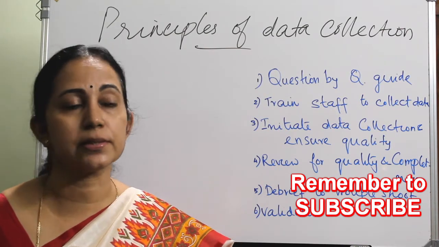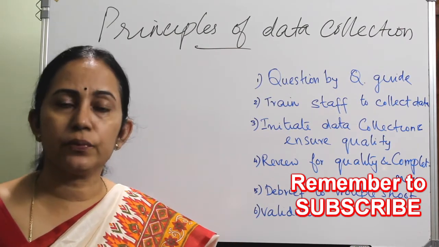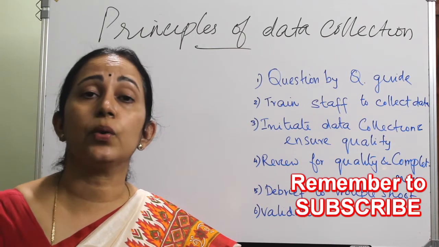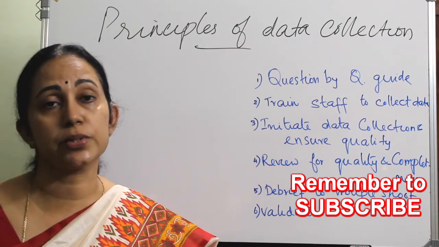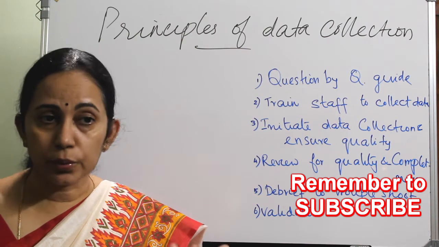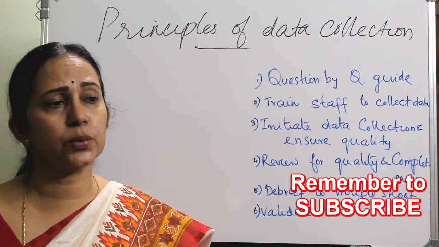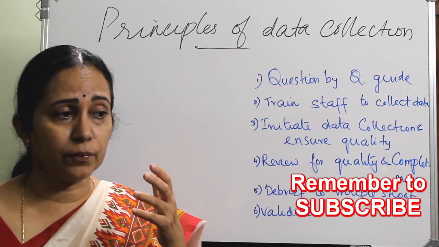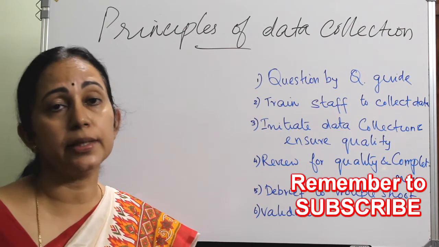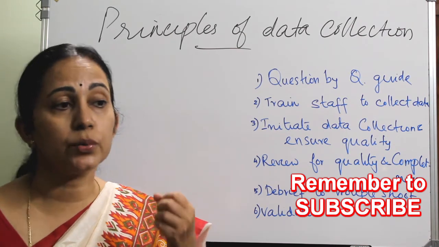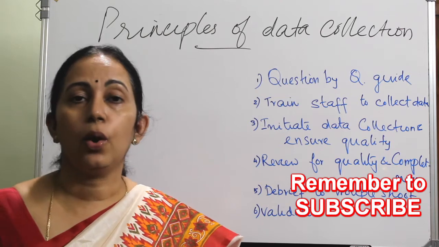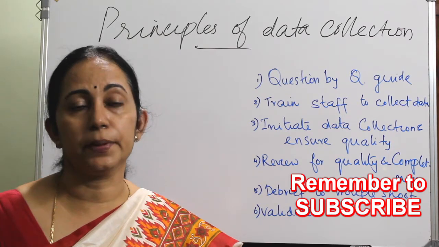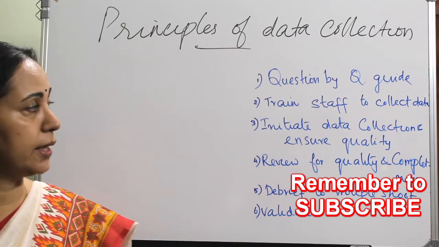Each one will have their own interpretation of these questions: how to ask the questions, whether there is any need to give props or not, how to stress something. All this will vary from person to person.